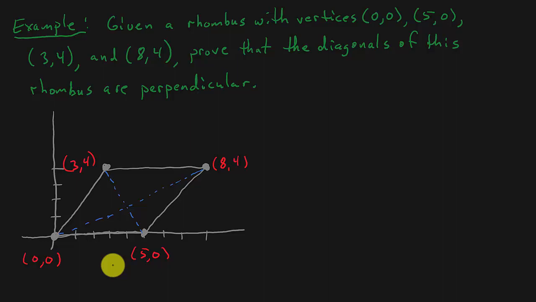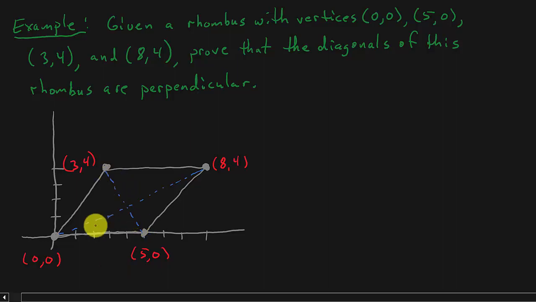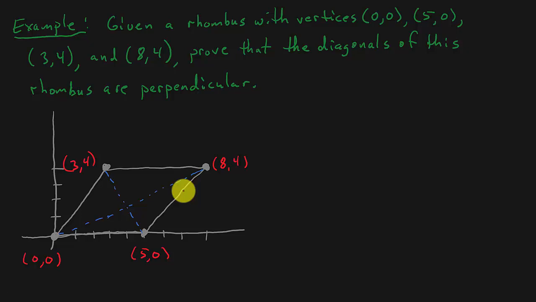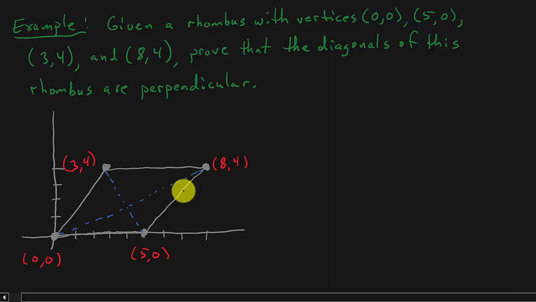So how do we do that? Well, find the slope of the lines and see if they're negative reciprocals of each other. Or once we find the slopes, we can multiply them together. And remember, if you multiply the slopes together, you should get -1.